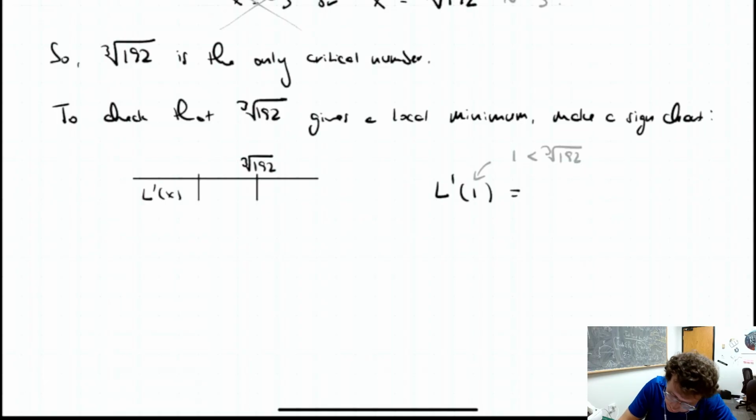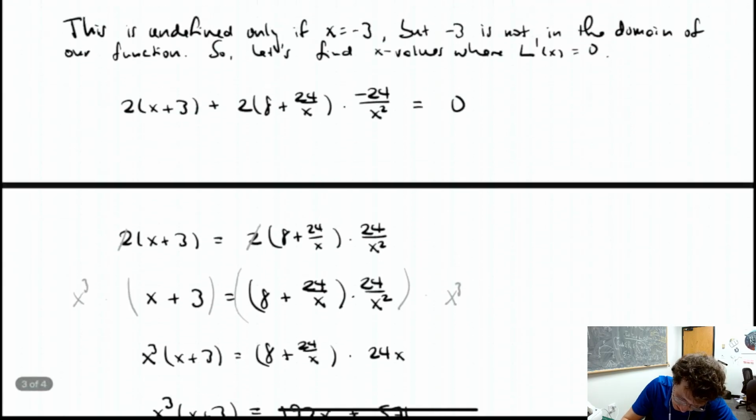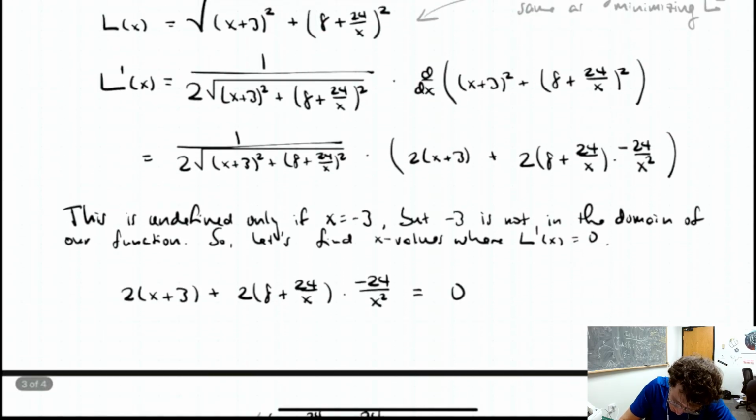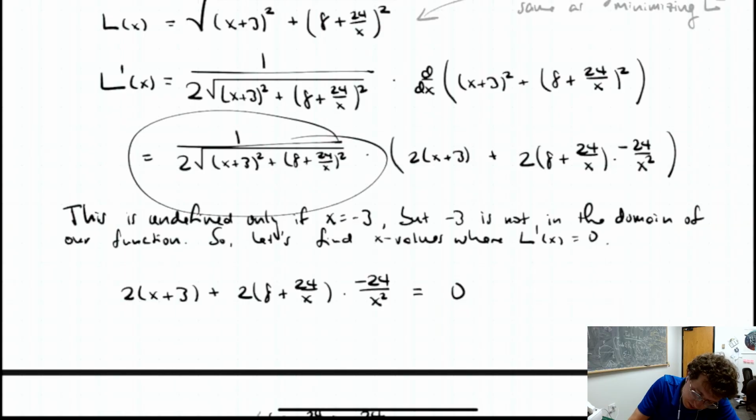1 is definitely less than the cube root of 192. And L prime of 1 is, oh boy. Well, this is positive, so I don't even have to worry about this.